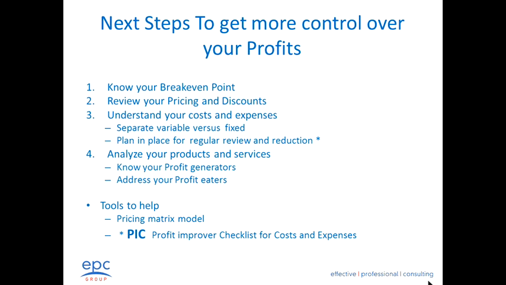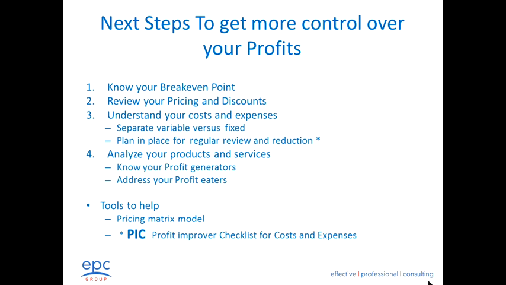And I talked about those earlier when I said your profit eaters, or your cash dogs or dogs, those are the ones where you have to make a decision. Can you reduce your costs so they become more profitable? Can you increase their selling price so that you can become more profitable? Or can you stop selling them so that you're not losing money on this? I had this happen with one of my clients this week.